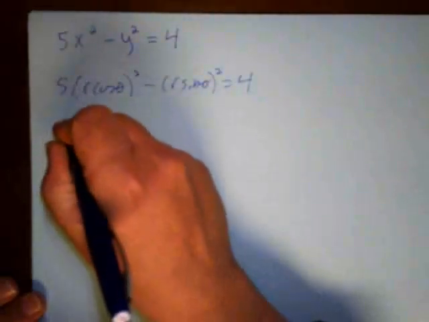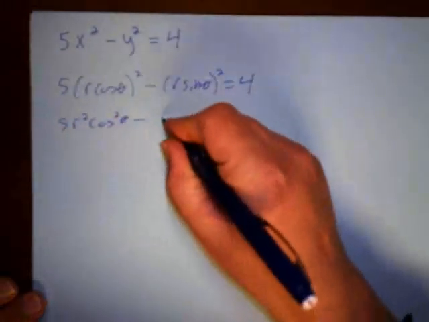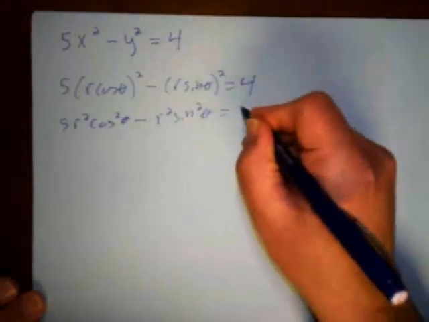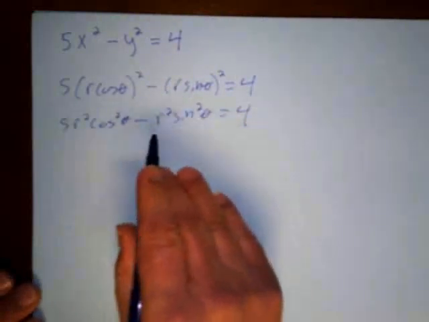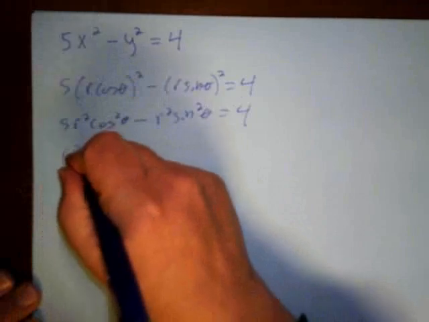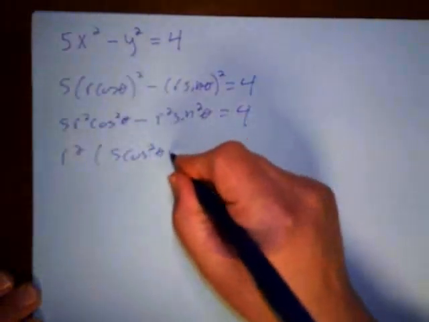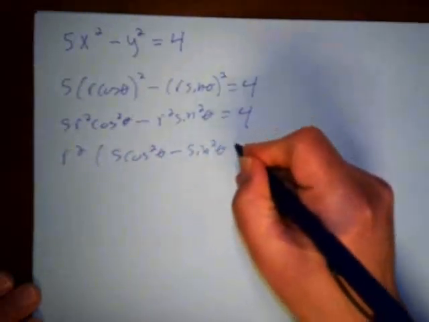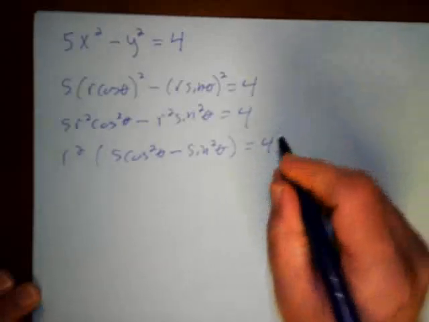Okay, so then this would be 5r squared cosine squared theta minus r squared sine squared theta is equal to 4. Okay, well, we'll factor out that r squared, and then I get 5 cosine squared theta minus sine squared theta, and that is equal to 4.